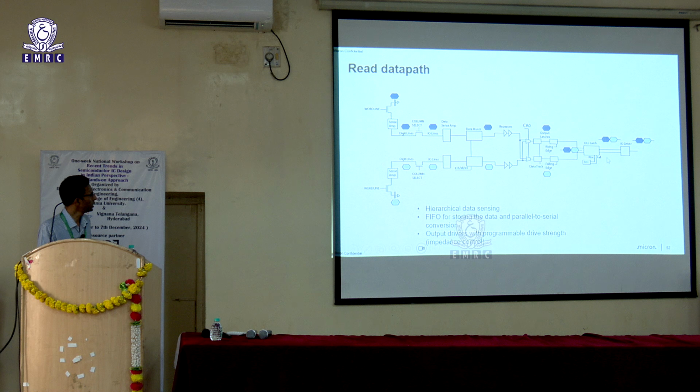The parallel to serial conversion happens here. Till here you have a parallel data stream coming in, and then you convert it into a serial stream, and then you use the IO driver to drive it out of your chip.